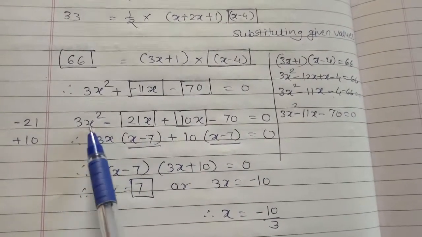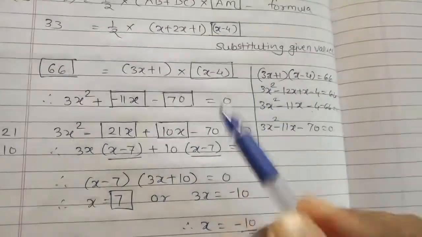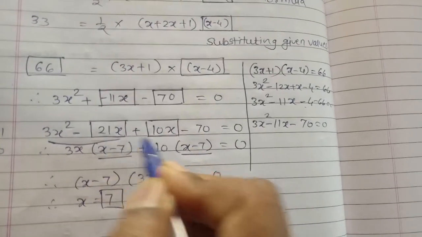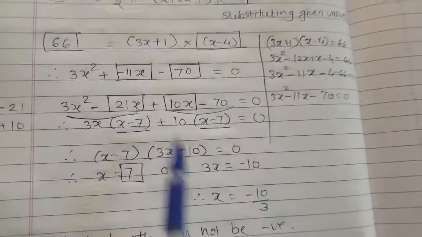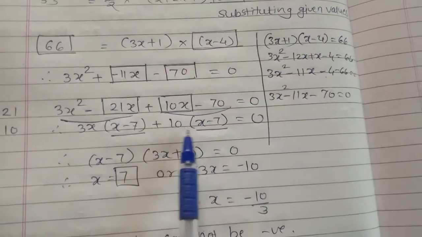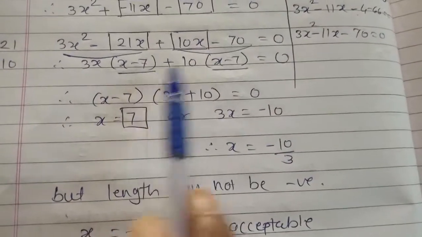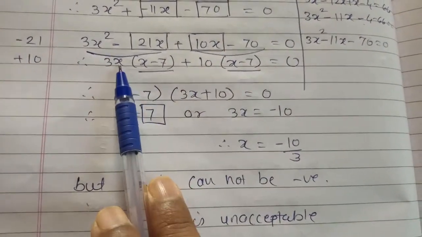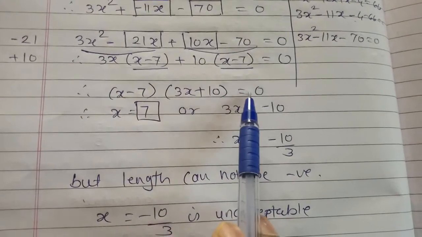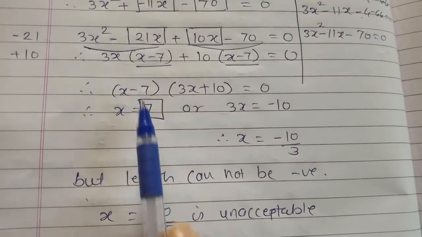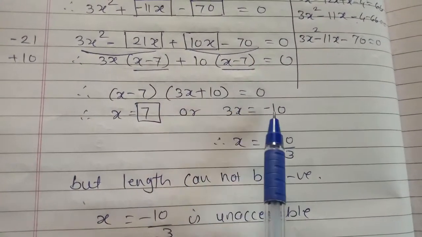Again we take the common, that is 3x from these two groups, and from this group we take the common, that is 10, in bracket we will get x minus 7 is equal to 0. So again x minus 7 is common, in second bracket we get 3x plus 10 is equal to 0. So x is equal to 7 or 3x is equal to minus 10.